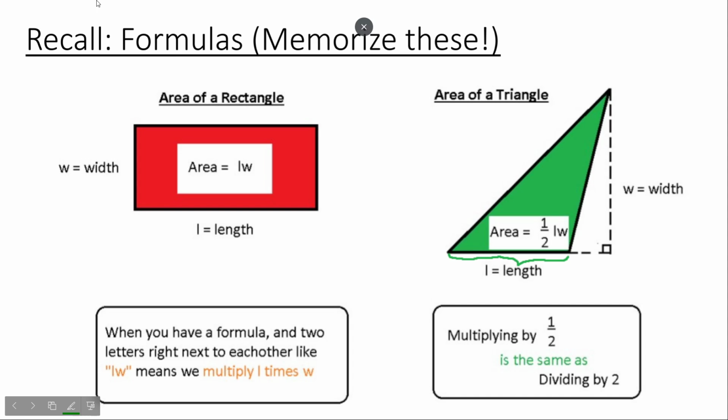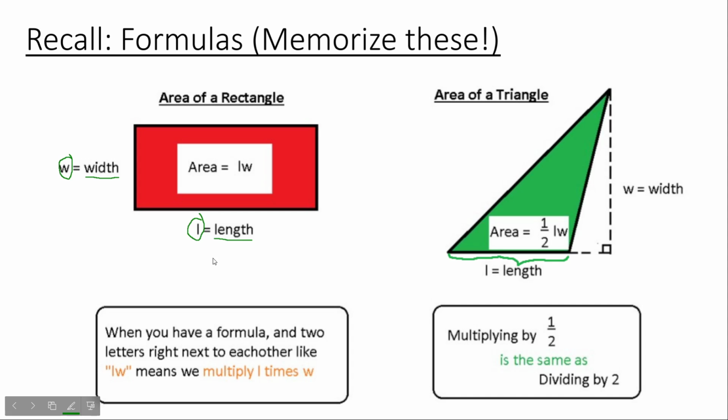So, the area of a rectangle, we've talked about this plenty. We know that this is the length times the width, and we know that we can represent the length with the letter L, and we can represent the width with the letter W. And that's where we get this L and W here.